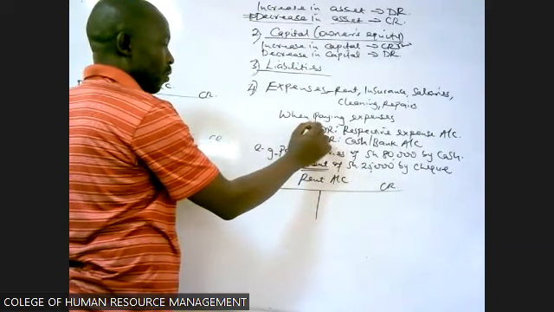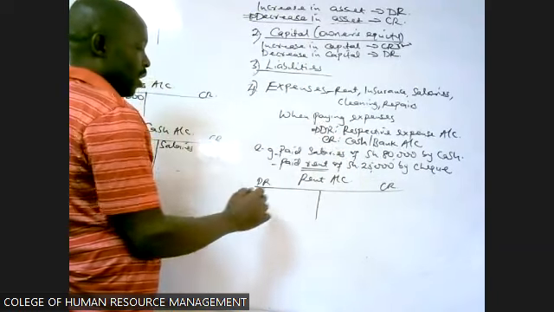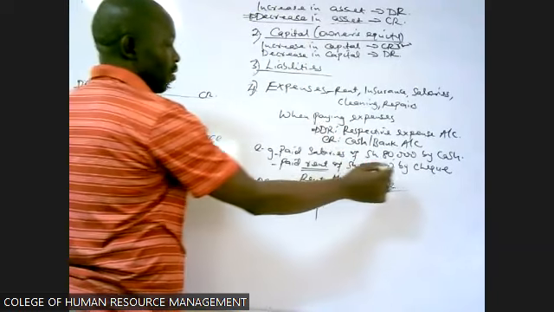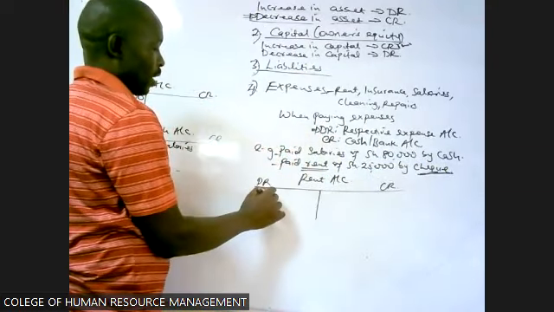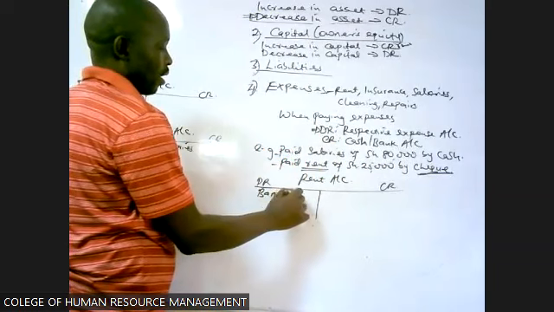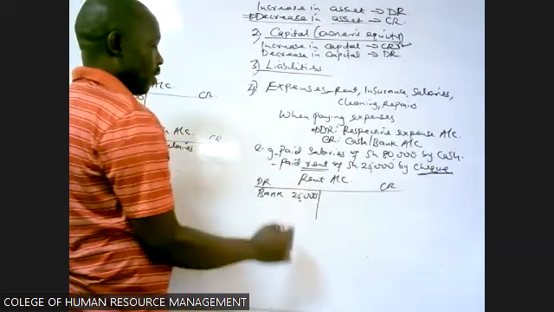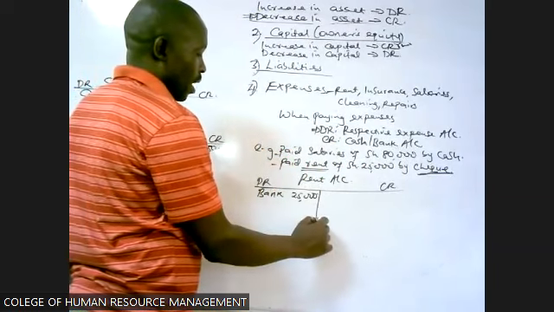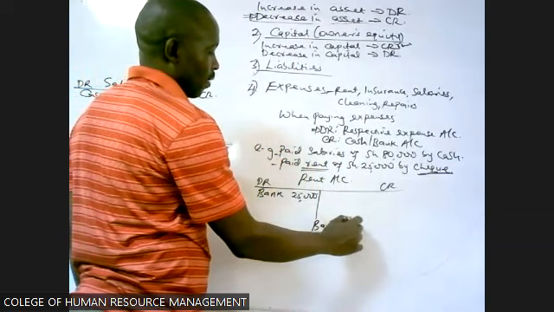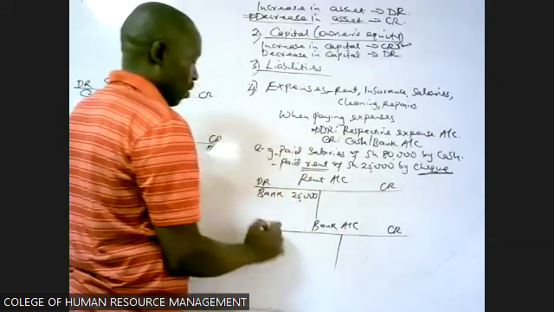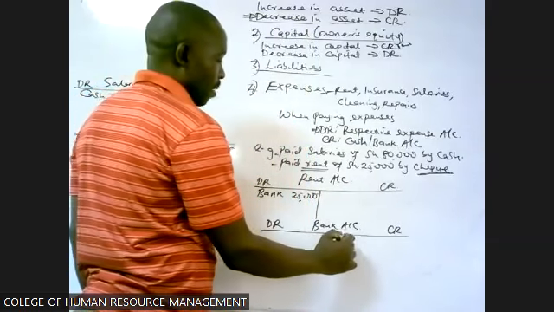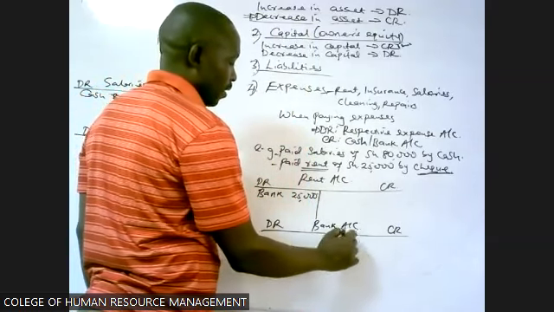You debit that respective rent account. You come here and you say it is by check. Anytime we talk about check, that is simply affecting the bank. Then go ahead and open your bank account. That is money out. So you credit your bank account by rent.